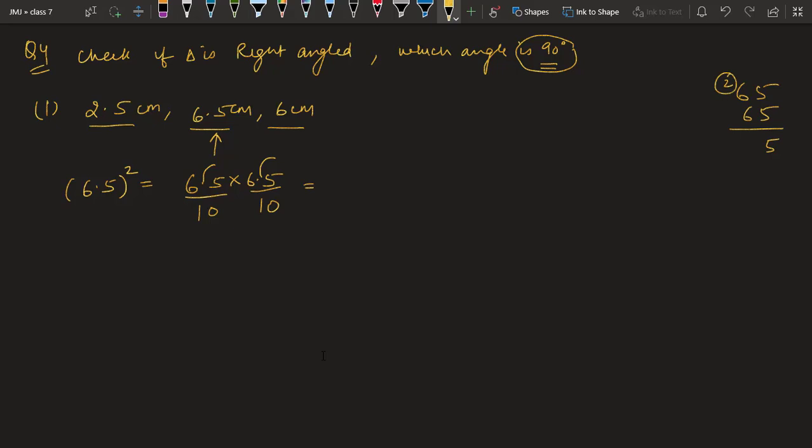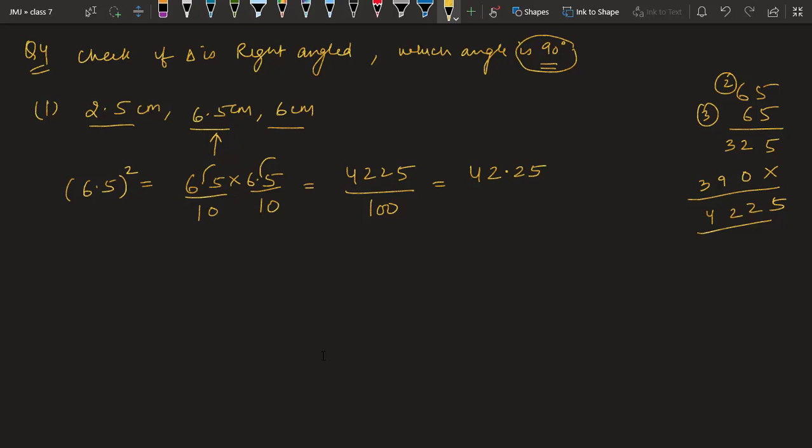And 65 square is 4225 upon 100, that means 42.25 is the answer of 6.5 square.